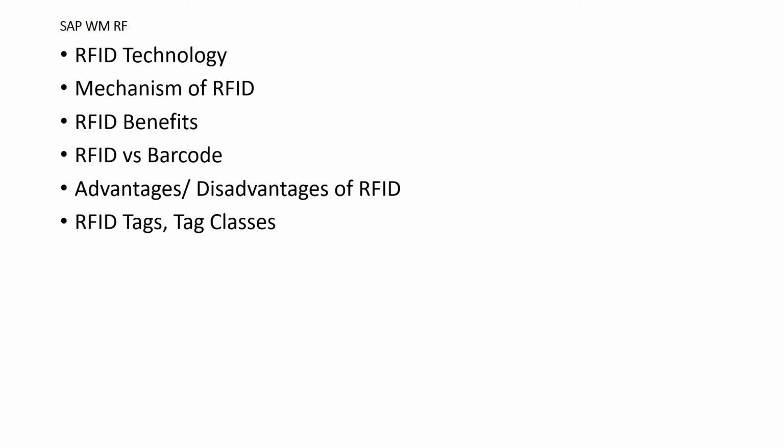Electronic Product Code, EPC, is an emerging RFID standard developed by the MIT Auto-ID Center. It is an RFID version of the Universal Product Code, UPC, barcode standard. Like UPC, EPC is intended to be used for specific product identification as well as case and pallet identification.